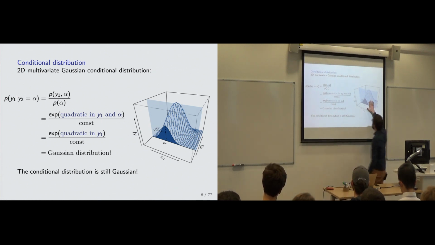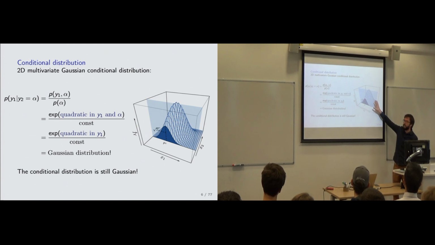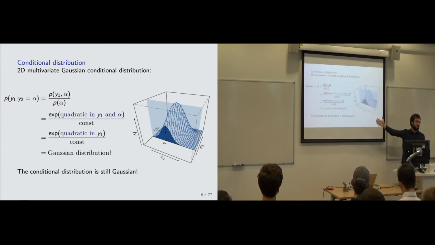We can look at this on this figure. I have the 2D density. Now if I fix the value of x2 to one value, what's the distribution of x1 given that x2 is equal to this value? This is equivalent to taking a slice into this multivariate distribution. And if we look at just this slice as a one-dimensional function, we can see this is still Gaussian distributed, right?